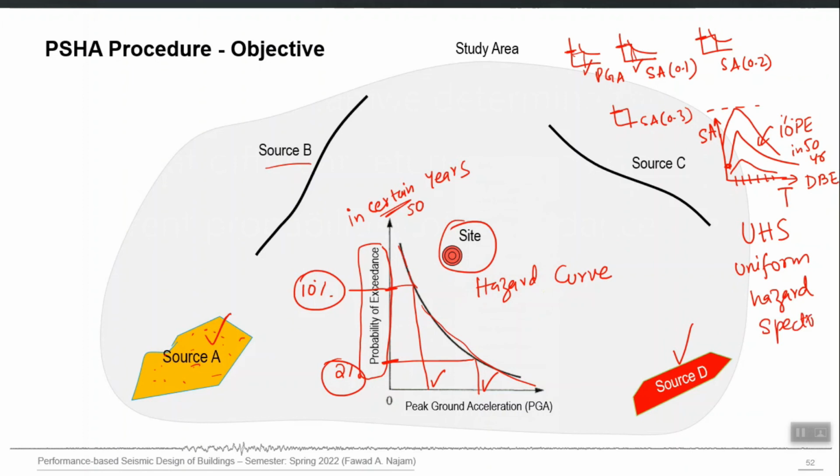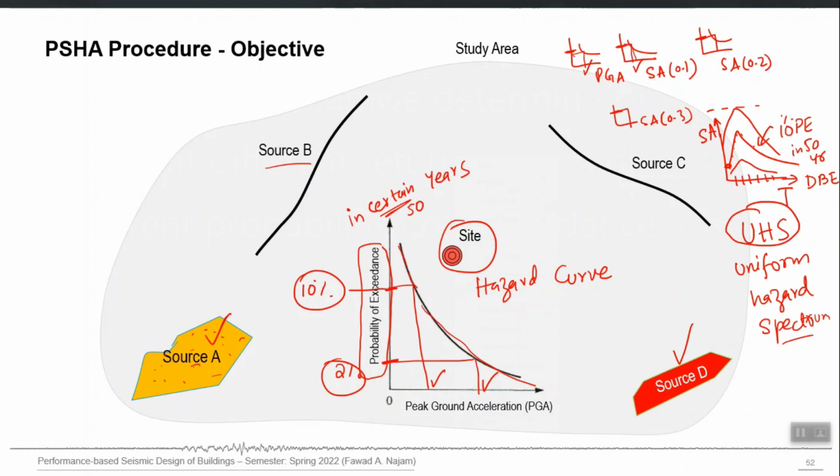Because a fixed definition of hazard was assumed to construct that. So each point on one particular curve represents the same hazard, right. It is picked for the 10% probability of exceedance for all spectral accelerations, or picked for 2%, or picked for any other number. So that's why this type of spectrum is called UHS, right. So when we say simply response spectrum, we mean UHS, right.